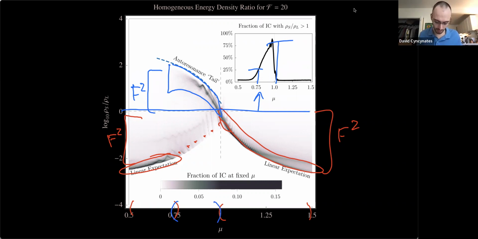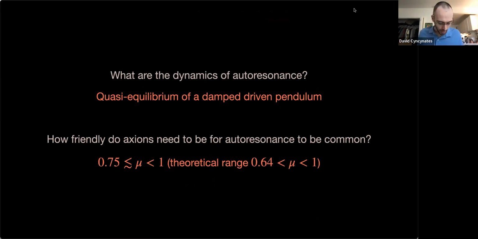Now, in principle, it actually can be a little bit larger. There's this tail that we're not accounting for. But as you get towards the end of this tail, you need exponentially fine-tuned initial conditions in order to get autoresonance. So we simply discount it. Okay, so with that said, I've addressed how friendly axions need to be for autoresonance to be common. Roughly, you need to be in this 25% mass window.